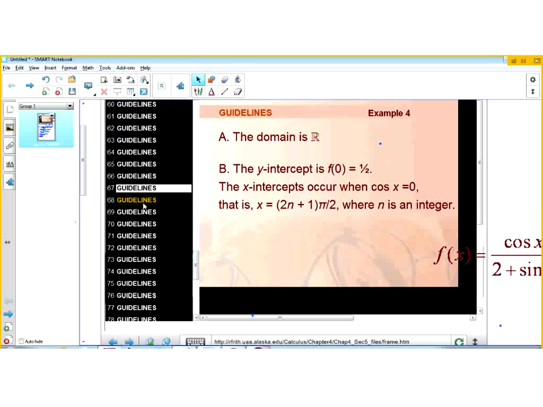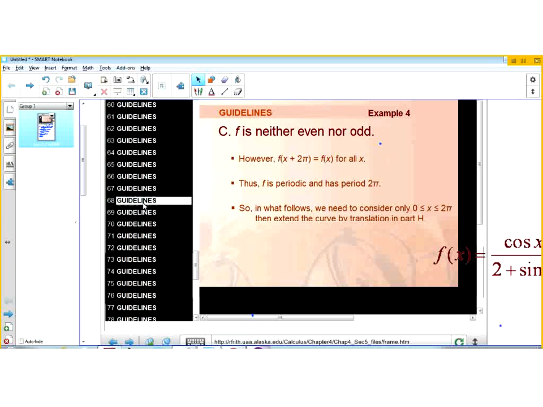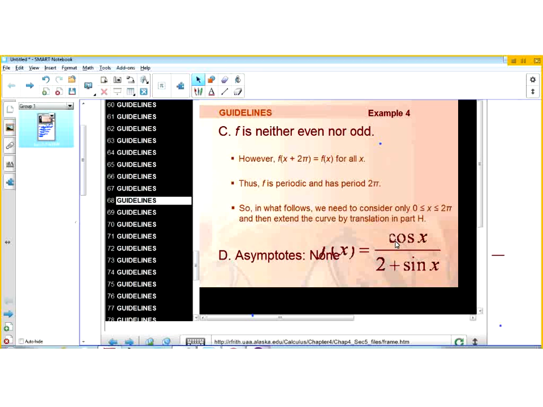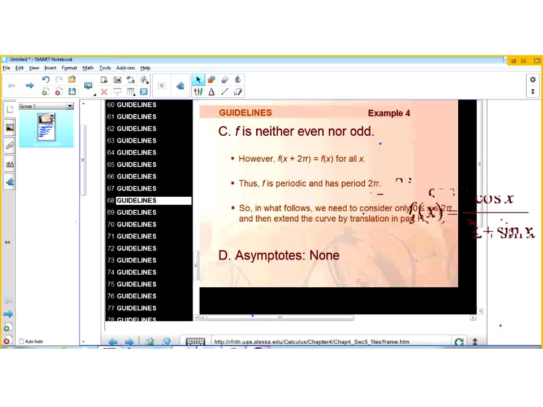So now onward to the rest of the rigmarole. The function is neither even nor odd. I'll leave that to you to check. The function is periodic because the cosine and sine are both periodic. So here's the interesting notion.